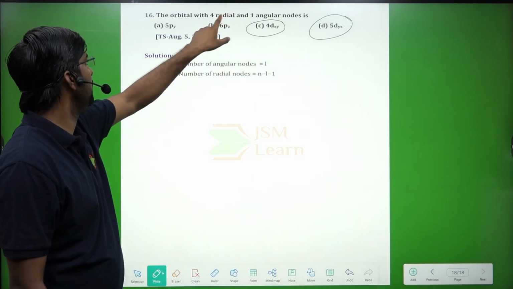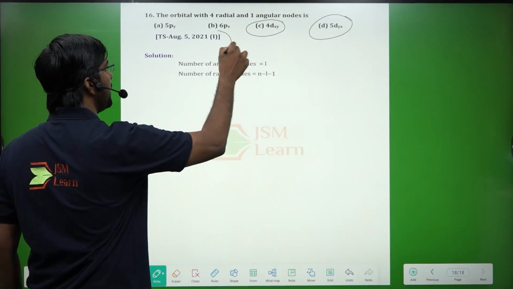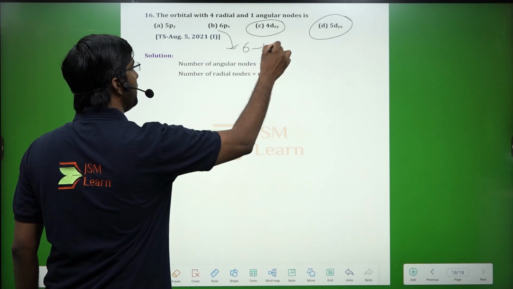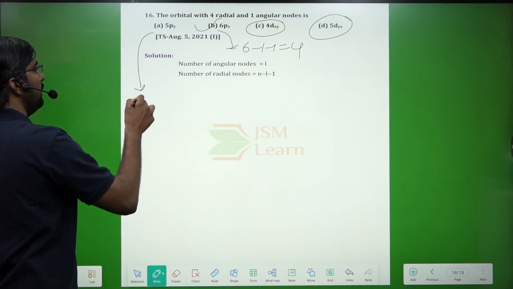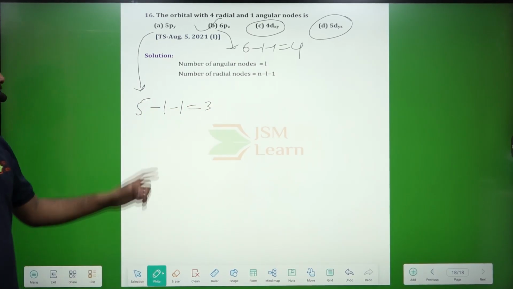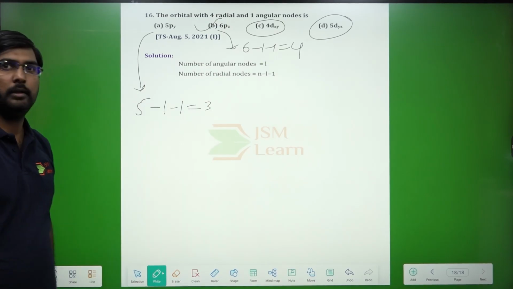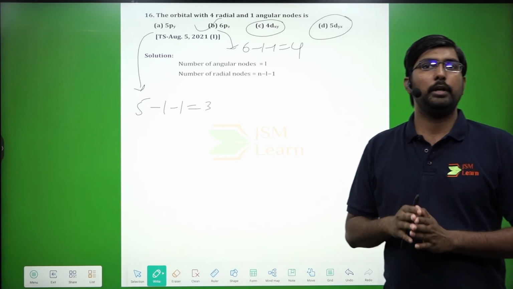Now we should check which one gets 4 radial nodes. For 6pz, 6 minus 1 minus 1, that is equal to 4. So this is our answer, and this one, 5 minus 1 minus 1, is 3. So what is the answer? The 6pz orbital. Clear? In another lecture we discussed the 2022 questions.